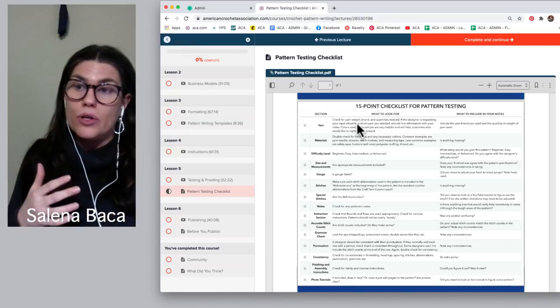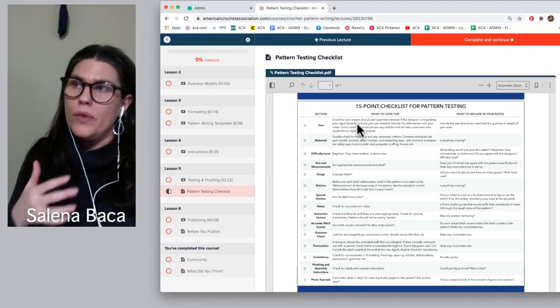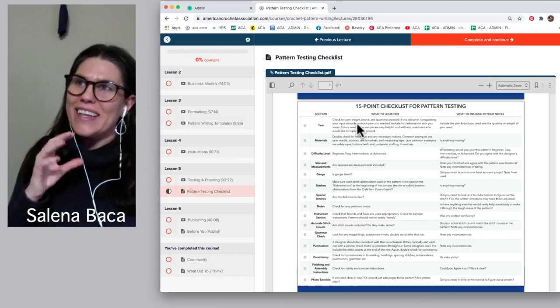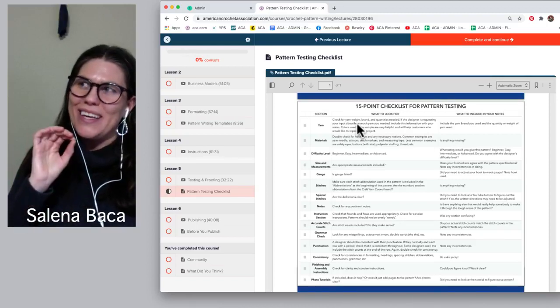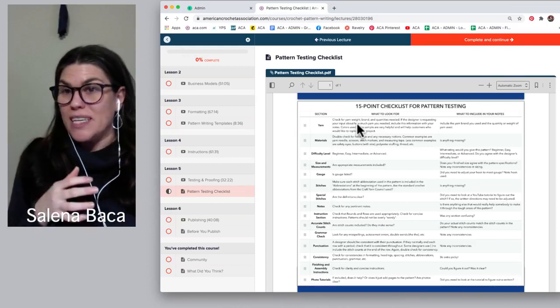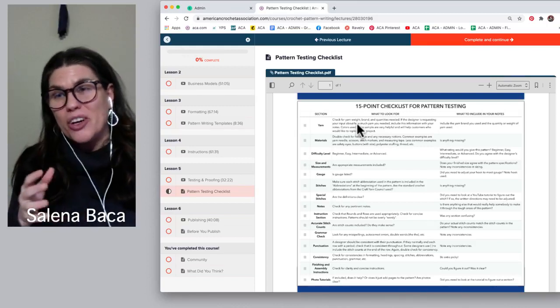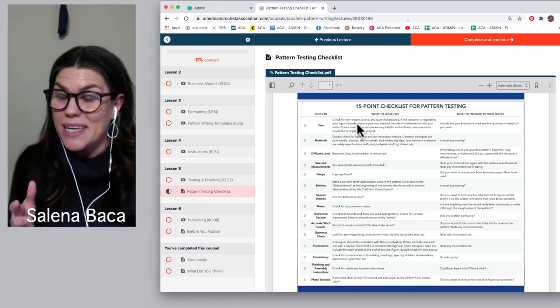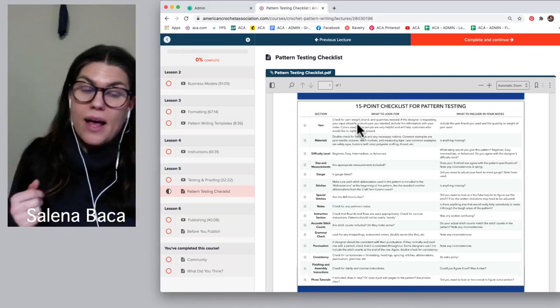Maybe they've tested before, maybe they haven't, maybe they're a beginner, maybe they're experienced. Crochet skill level should only matter as it pertains to the specific skill level of the pattern. So if you wrote an experienced level pattern, it may not be a good idea for a beginner to come and test it for you, just for an example.